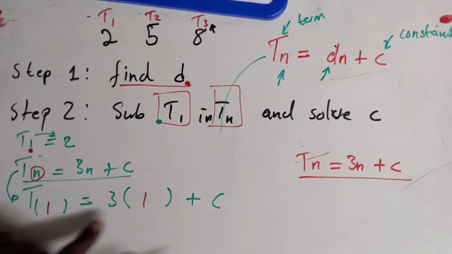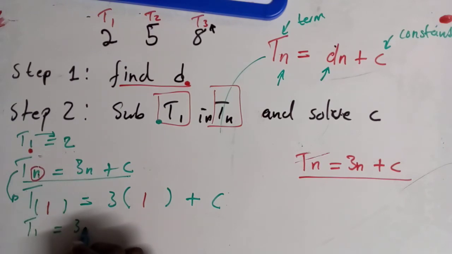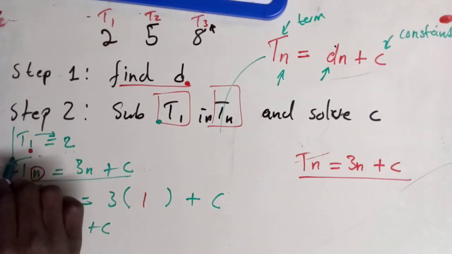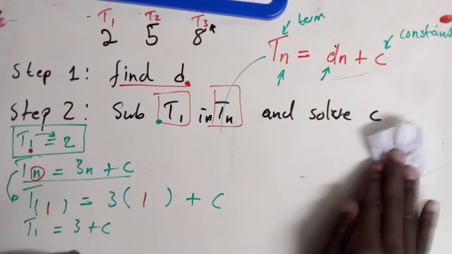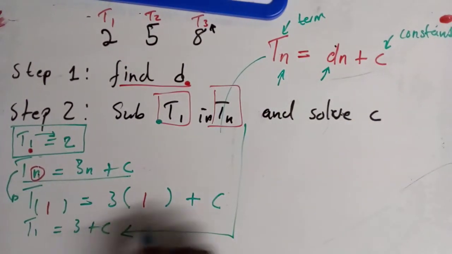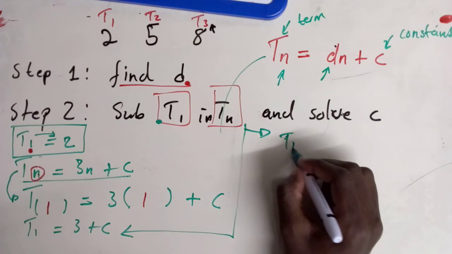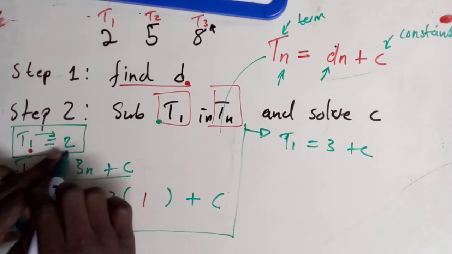N was also here, I put 1. Therefore, T1 is the same as 3 times 1, which is 3, plus c. So T1 is equal to 3 plus c.